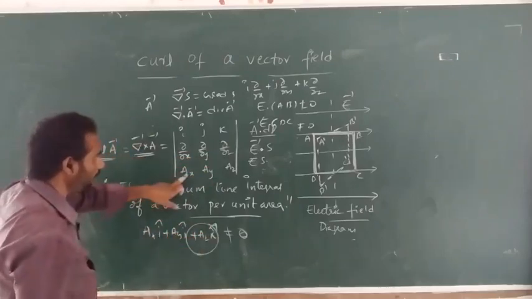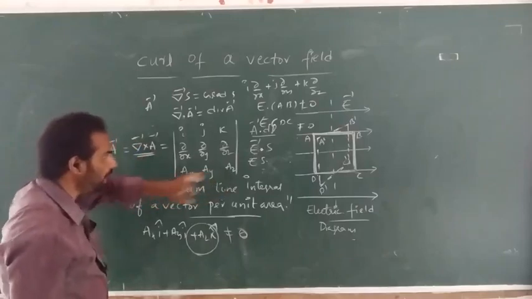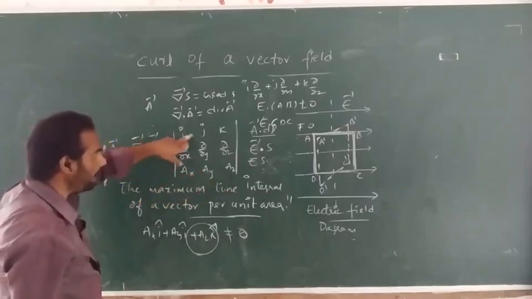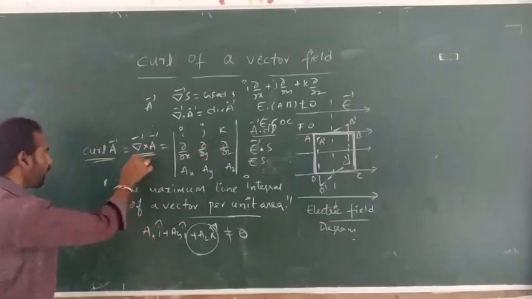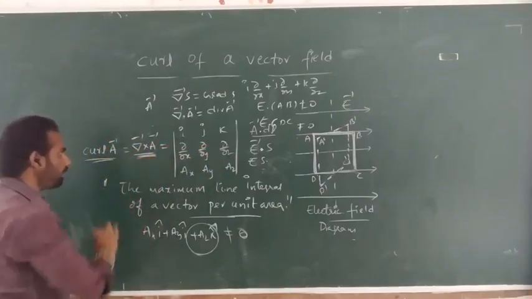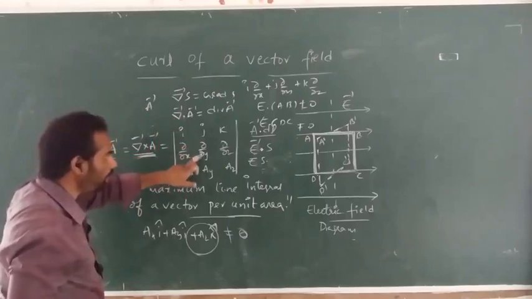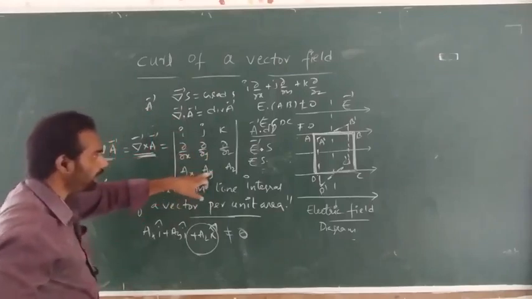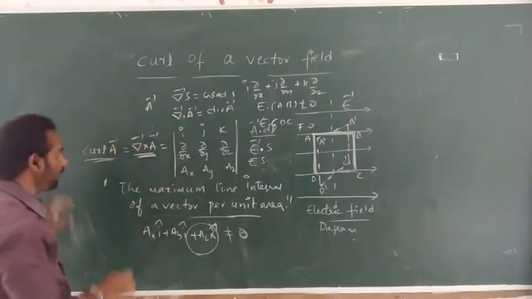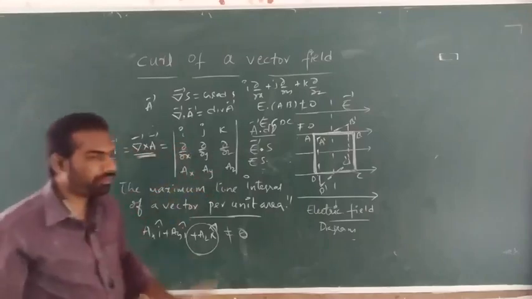So the formula of del cross A bar is the determinant with rows I, J, K; dou by dou x, dou by dou y, dou by dou z; and Ax, Ay, Az. This is the mathematical representation of the curl of a vector field.